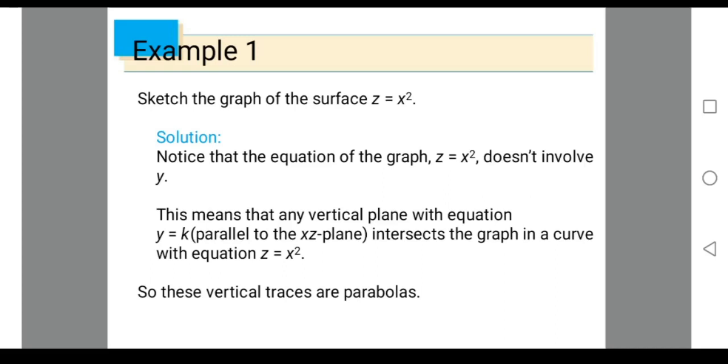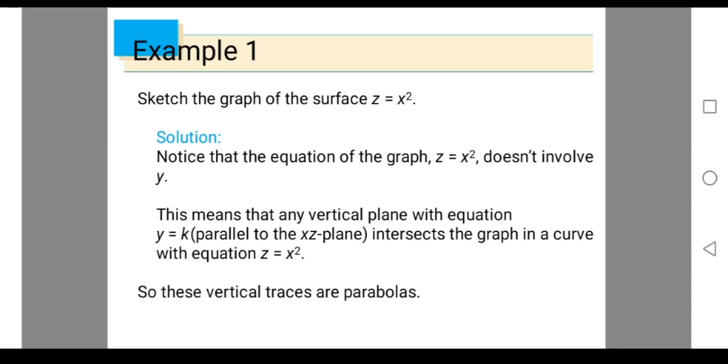But still, in a 3D equation, when we have only two variables, we are talking about cylinders. So the equation has two variables and one missing. You have to keep this in mind.